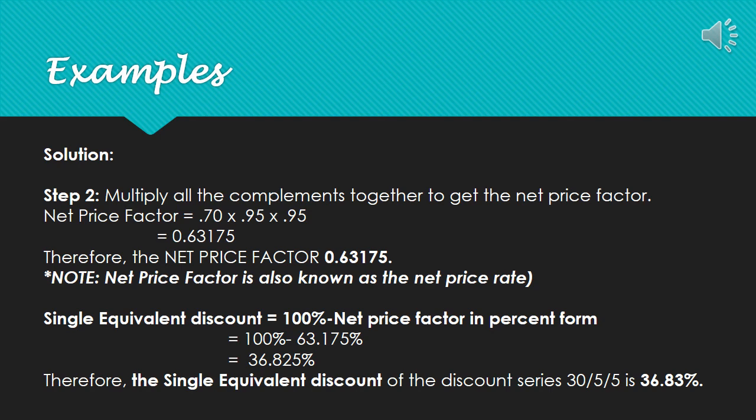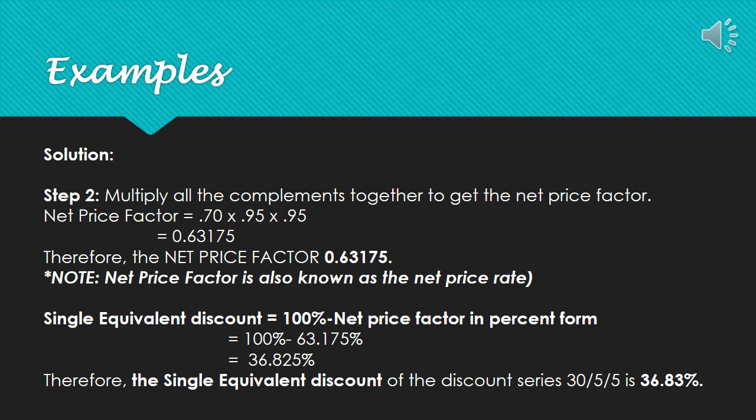Ang kailangan naman nating hanapin dito ngayon is yung discount, yung total na na-discount. So, single equivalent discount, 100% minus net price factor in percent form. So, minus lang daw natin. So, 100% minus 63.175%. Then we get 36.825%.